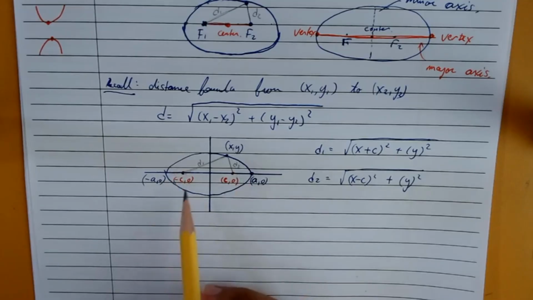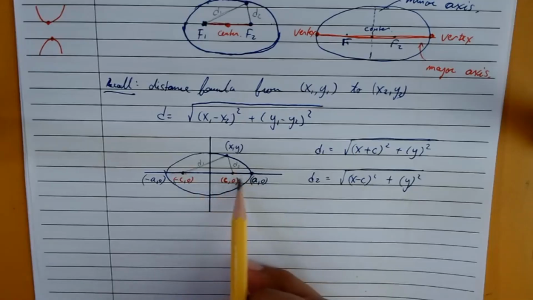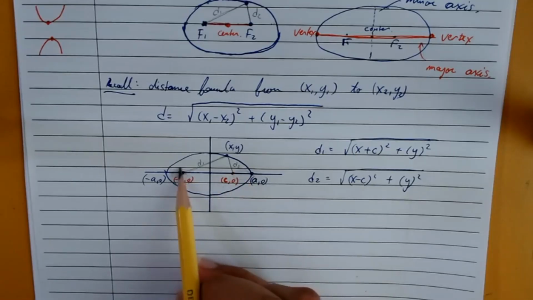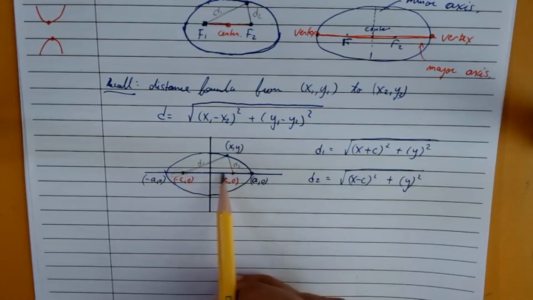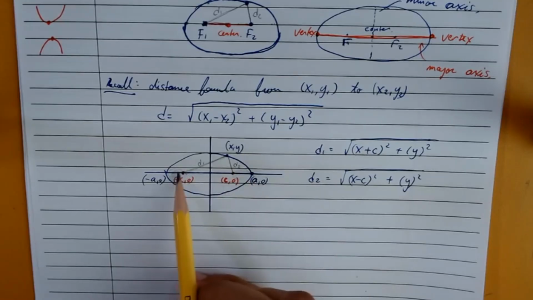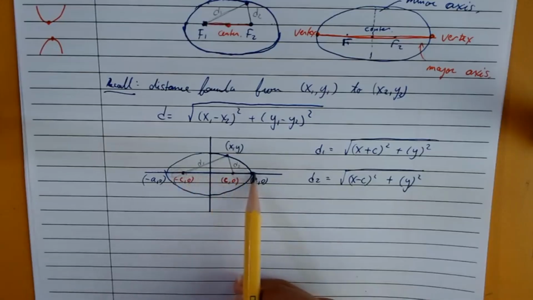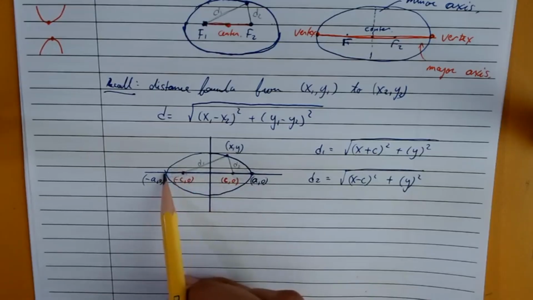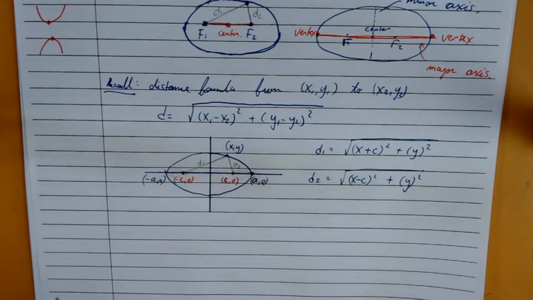So if this distance is the same as this distance over here, then the distance from negative c, 0 to a, 0, that's almost all the way across the ellipse. And then if I add this other little piece, that's the same as if I added this other little piece. So this gives me almost all the way across the ellipse, plus this extra little bit. Well, that's all the way across the ellipse.